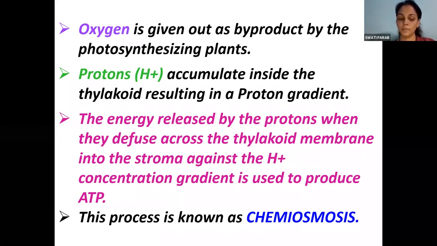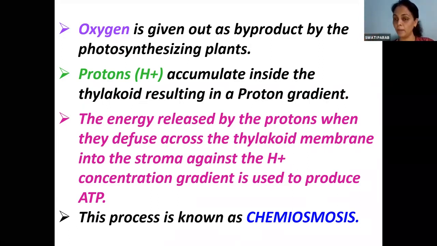Ma'am, will you repeat? Okay: the movement of ions across a selectively permeable membrane down their electrochemical gradient is called chemiosmosis.